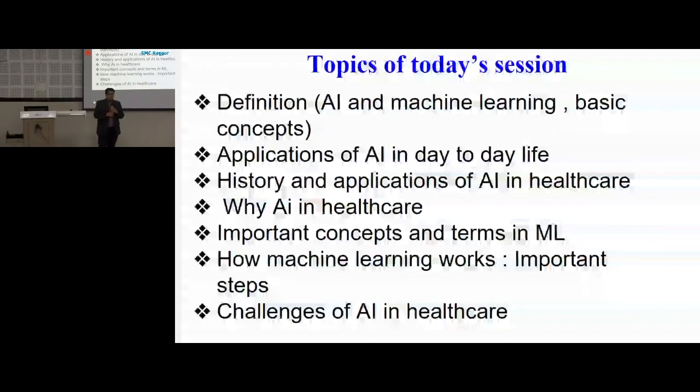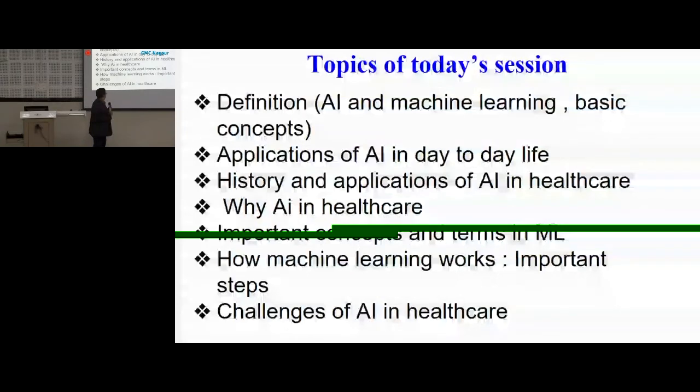A lot of apps we are using, the Google search engine itself; we will cover some of them. Then the history of AI in healthcare. Then the fifth one is the important concepts and terms, so that we understand the terminology and the jargon of machine learning. Finally, how machine learning works and the challenges of machine learning in healthcare.